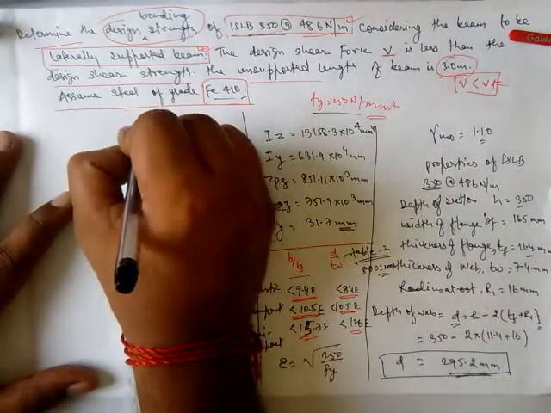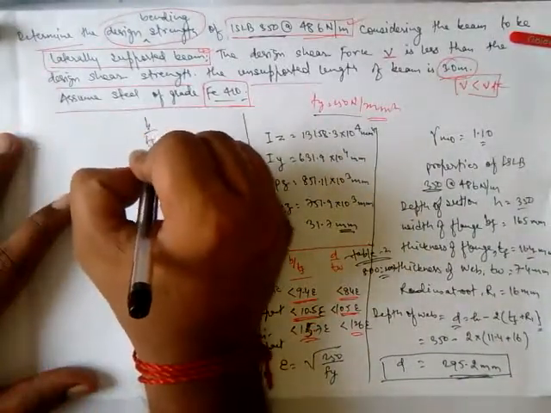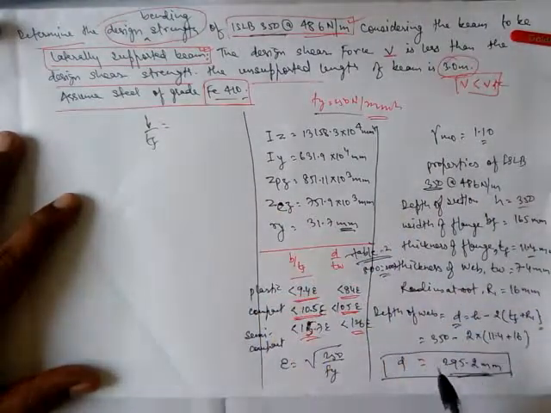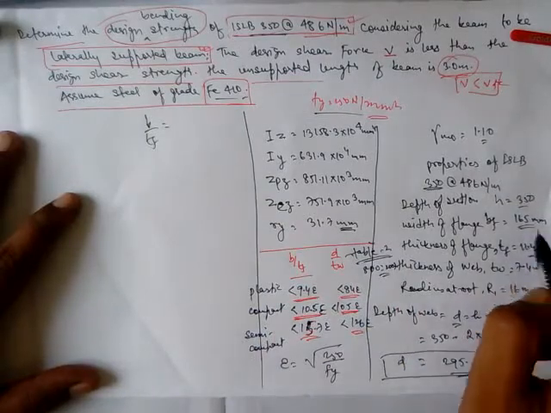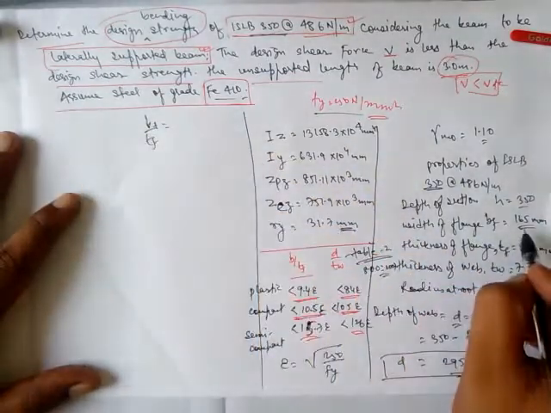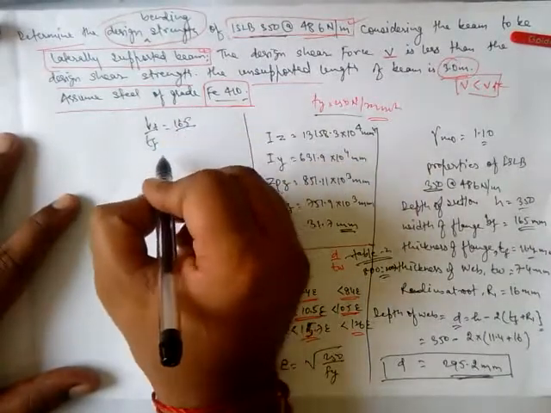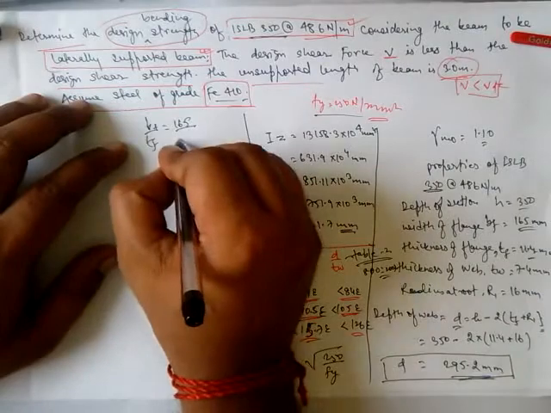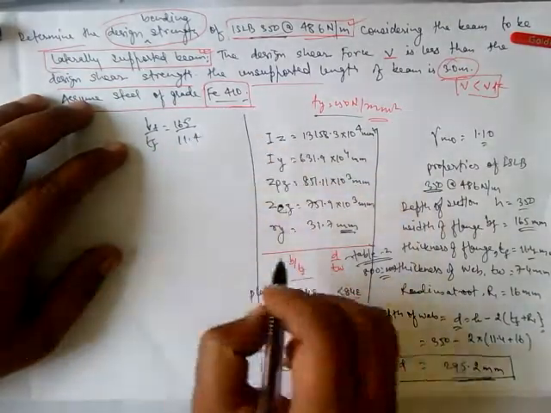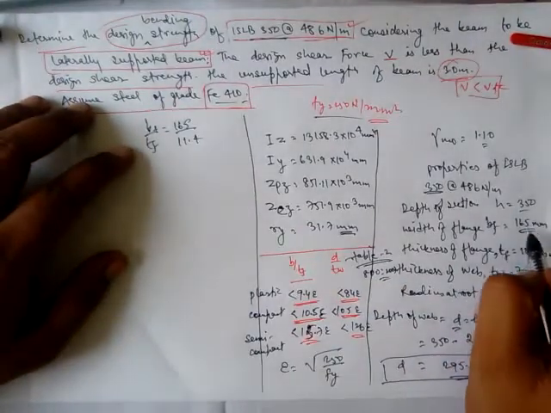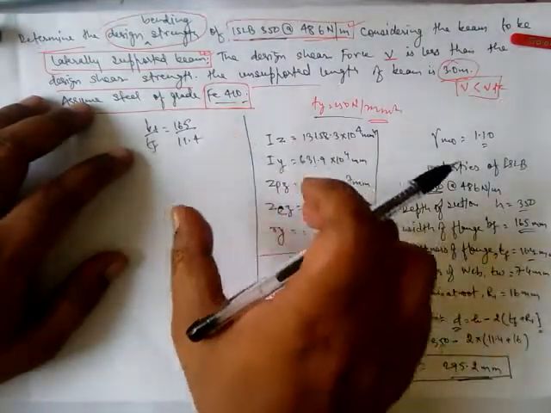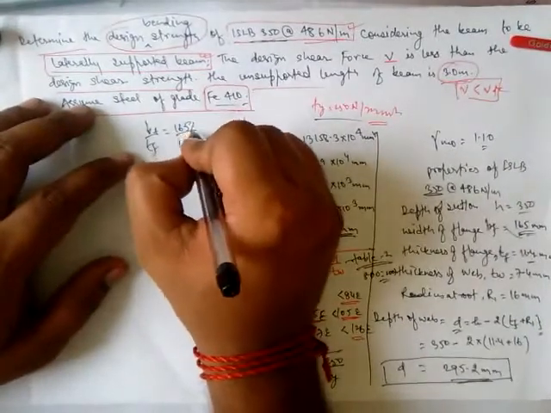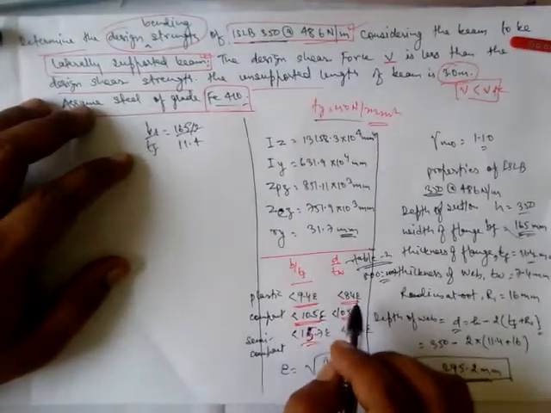So now we have to calculate b by tf. bf is 165 and tf is 11.4. Here bf means width of whole section, total section is 165, so b will be 165 by 2.